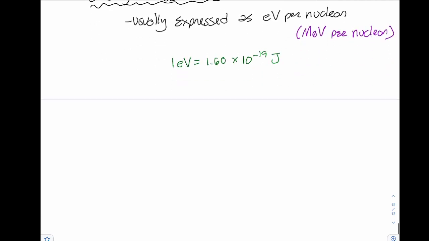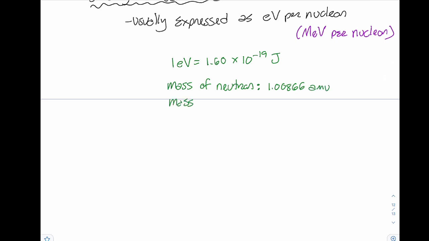We also need the mass of a neutron, proton, and an electron. So we're going to write that down here also. So the mass of a neutron is 1.00866 atomic mass units.